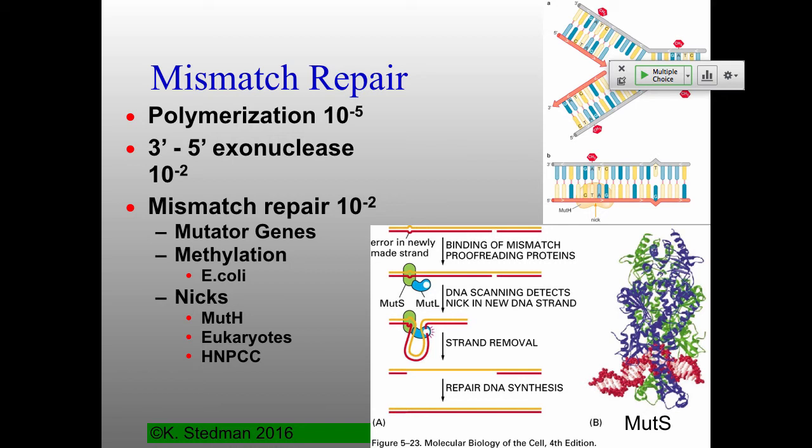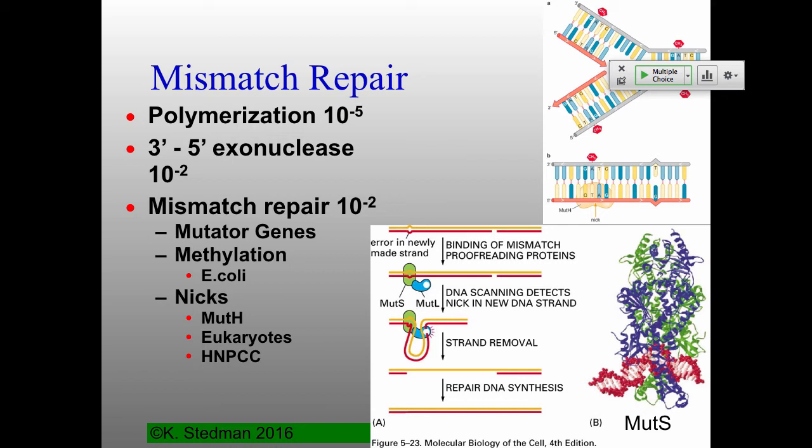We need to take it out and put back in the correct base. Now usually these are actually normal bases, these C's and G's. They just get put in incorrectly by mistake somehow, and quite often that's because of the tautomerization, where amino versus imino groups are there, and the base pairs slightly differently.